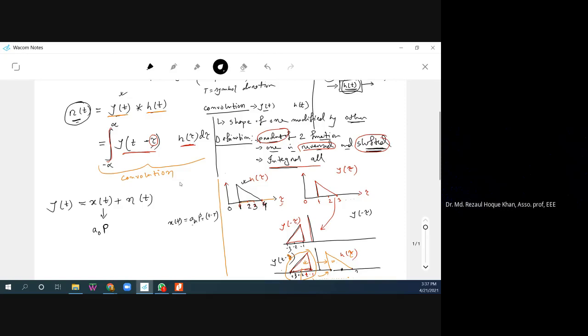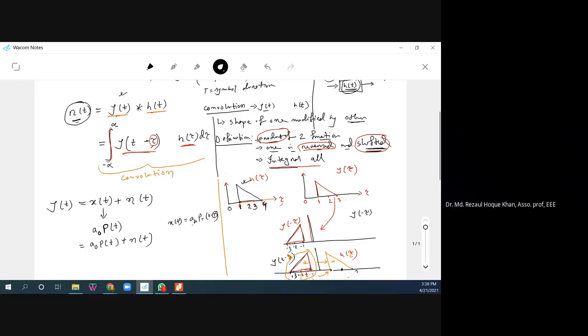Now we are taking the simplest form, the first bit, meaning the first pulse. So it's a0 p of t, because this kT has not yet come. So p of t is our simplest form of the input pulse. So our y of t will be a0 p of t plus n of t.